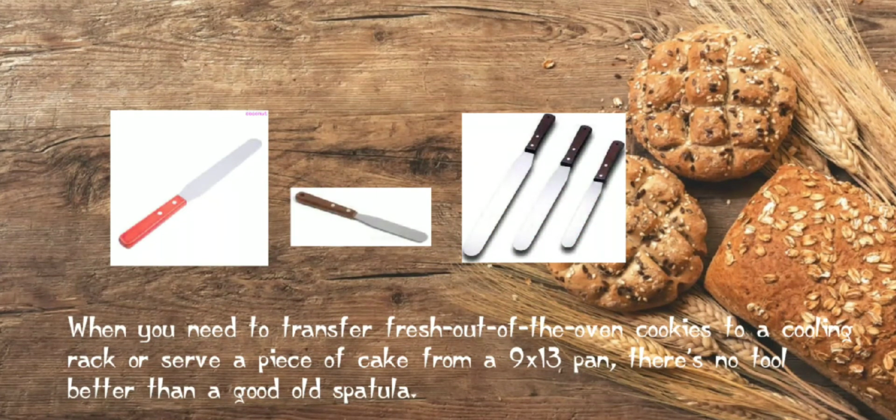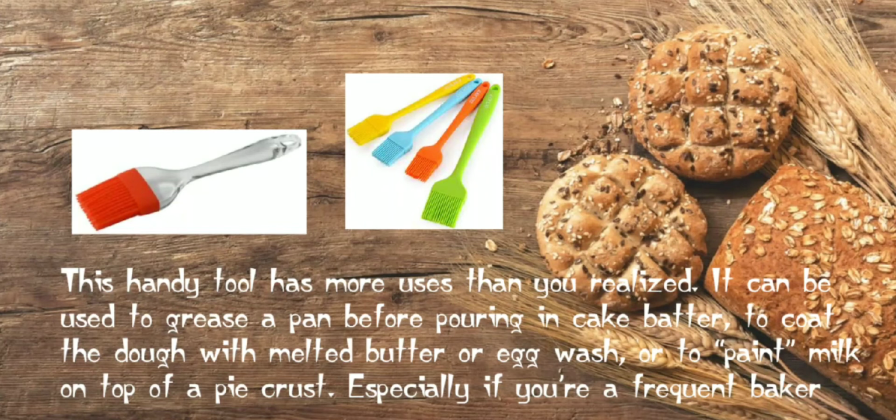Spatula. When you need to transfer fresh out of the oven cookies to a cooling rack or serve a piece of cake from a 9x13 pan, there's no tool better than a good old spatula. Pastry brush.